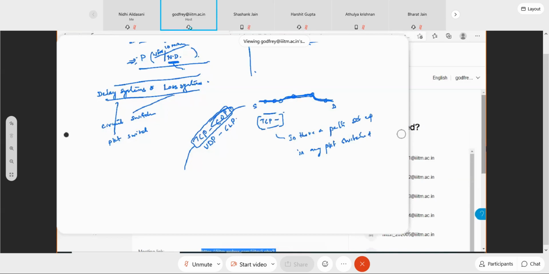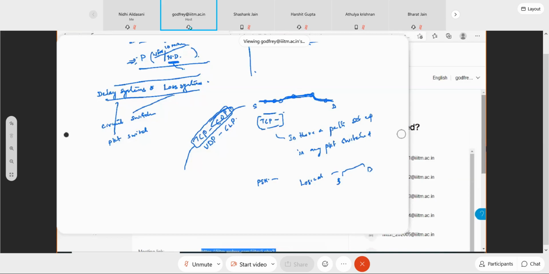Packet switching itself is that you don't have any path. That is the beauty of a packet switching system. There is no path that is set, except that a logical connection is set up between the source and the destination. Basically, you can say that a session is set up between the source and the destination for data transmission. Nothing more than that.